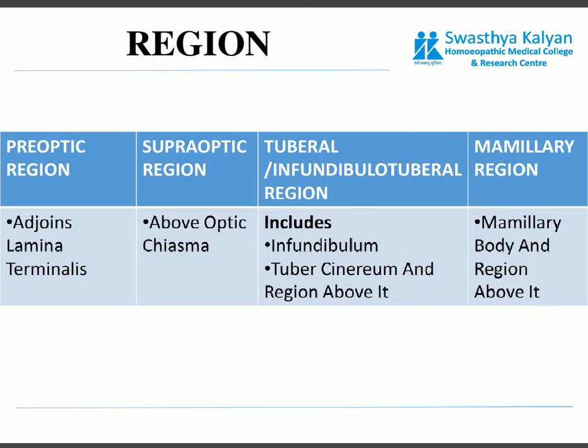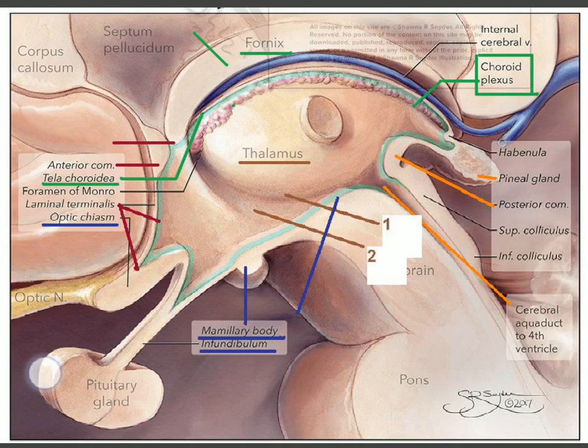The various regions have been assigned according to their relation with certain structures. That is, the area that adjoins the lamina terminalis is referred to as the pre-optic region of the hypothalamus. So this region here adjoining the lamina terminalis would be the pre-optic.